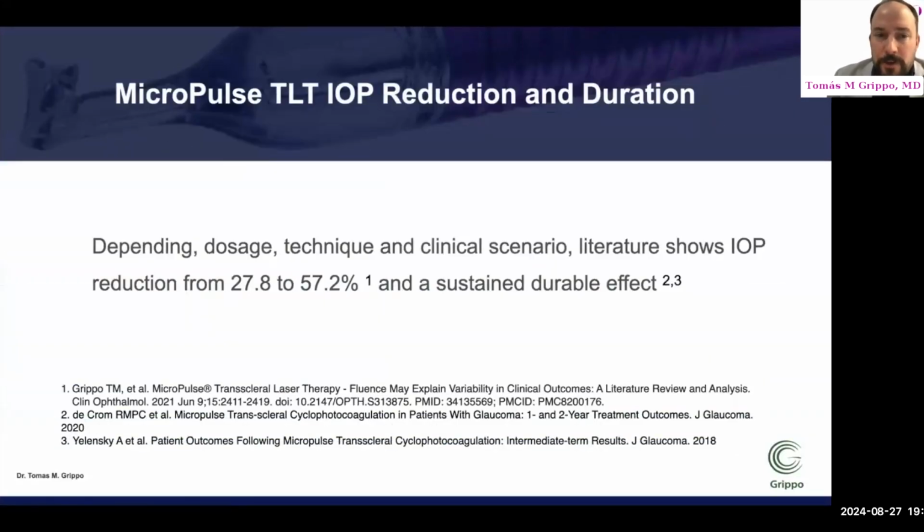As we know from the literature, depending on the dosage, the technique, and the clinical scenario, intraocular pressure can decrease after MicroPulse TLT from about 30 to 60% and has a sustainable, durable effect. Now, based on this, let's see if we can try to understand a little bit how it actually works.